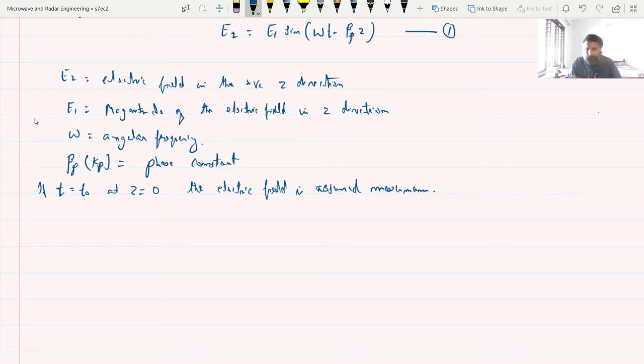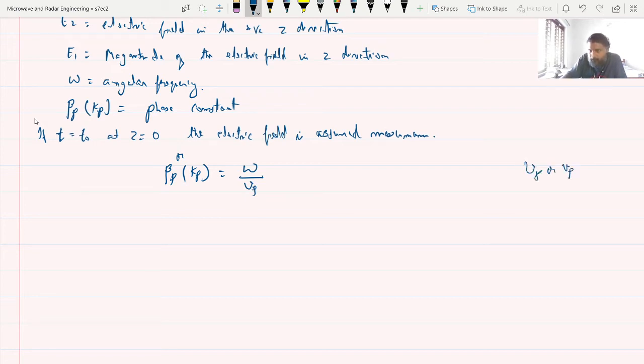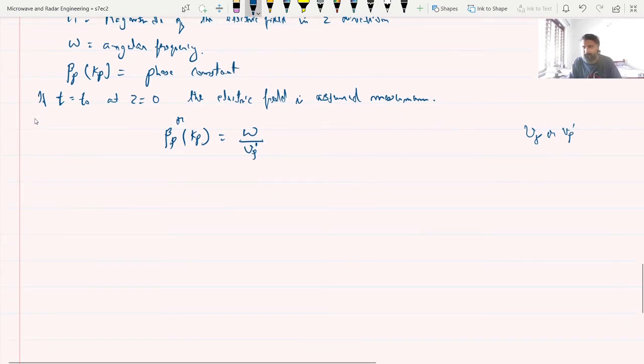So you have to note that beta p, or I can call it kp, can be written as omega by vp, small vp. In some books it can be written as vp or vp dash. Here I will write vp dash so that it is clear. Don't bother about the notations. Call it equation number 2.